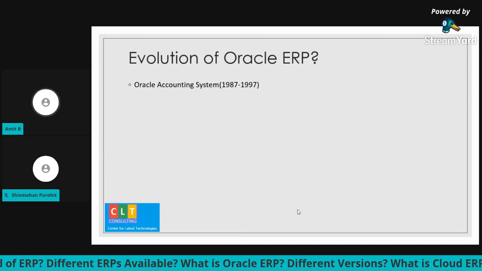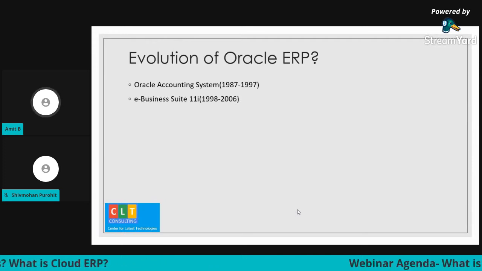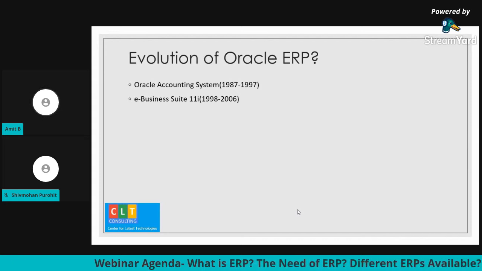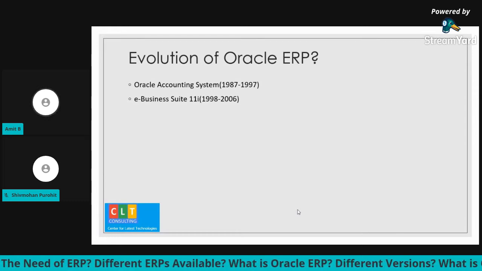However, as the demand grew and as the technology progressed, E-Business Suite was introduced in 1998, and it was very popular among most of the industries.